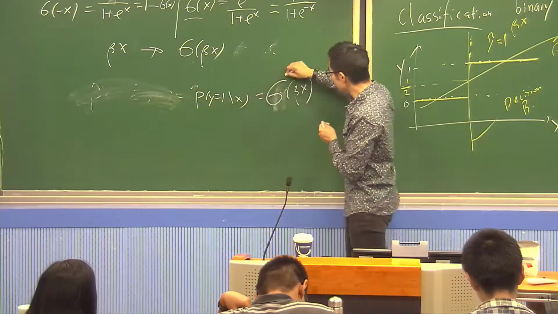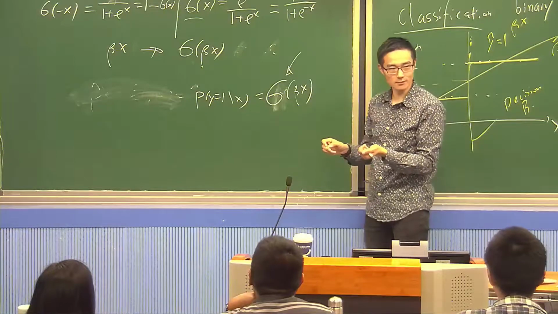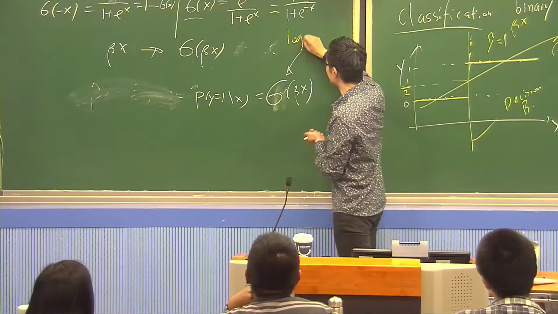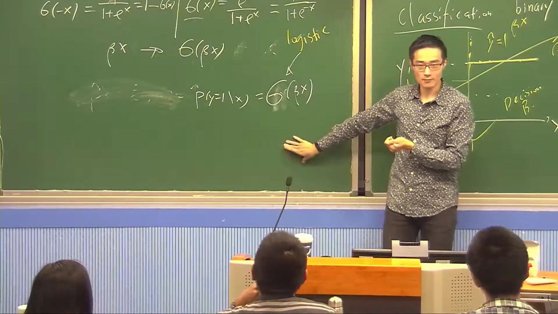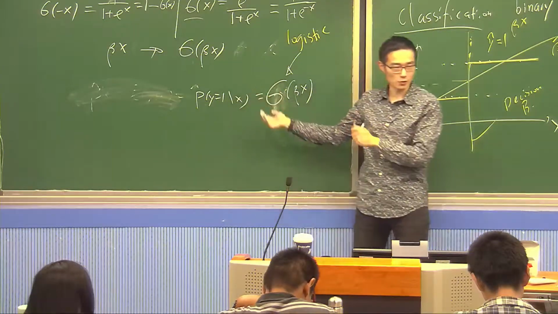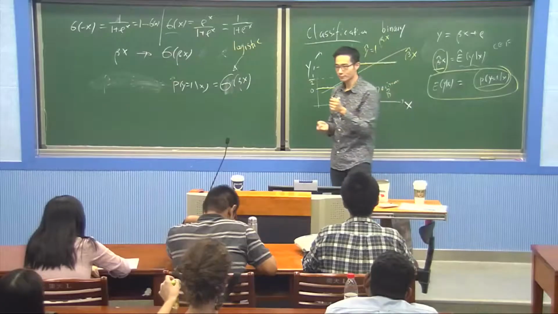This model has a very familiar name that you all know, which I also talked about last time. It's basically the logistic model. So this is logistic regression. Logistic regression is simply the probability of y equal to 1 being a sigmoid transform of beta x, so that we make it between 0 and 1.